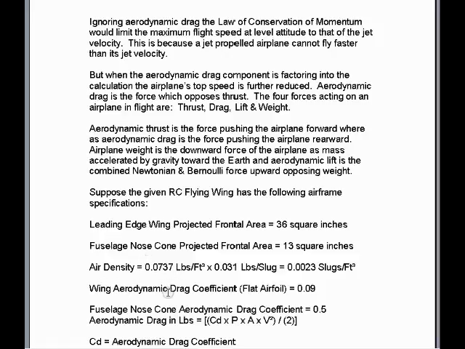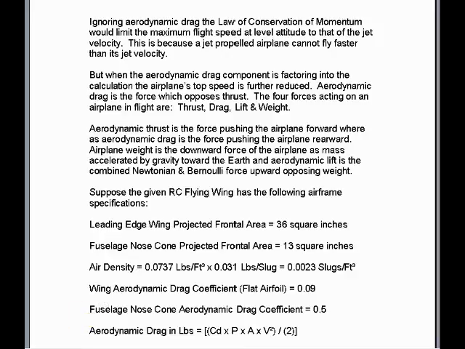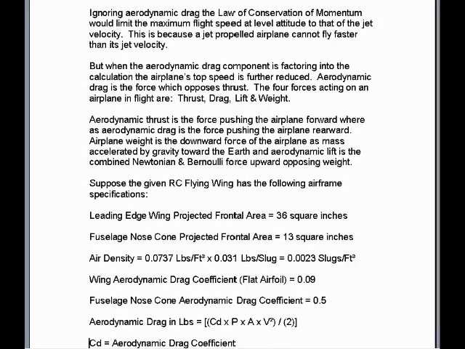Next, the wing aerodynamic drag coefficient for a flat airfoil is 0.09. The fuselage nose cone aerodynamic drag coefficient is 0.5. And then the aerodynamic drag in pounds formula is the drag coefficient times the air density in slugs per cubic foot times the projected frontal area in square feet times the airspeed in feet per second quantity squared, then this entire calculation divided by 2.